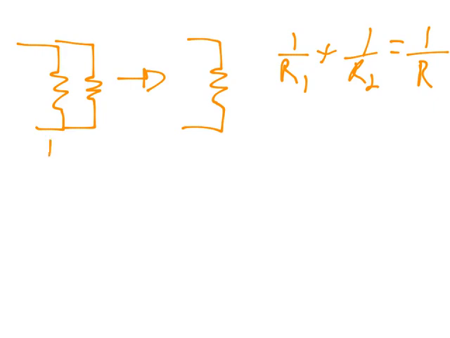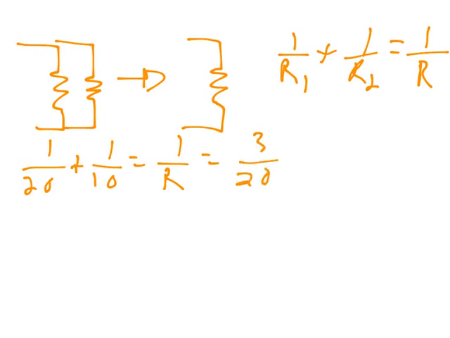So we can say, okay, well, 1 over 20 plus 1 over 10 is equal to 1 over R, which is equal to 3 over 20. So R is equal to 20 over 3.